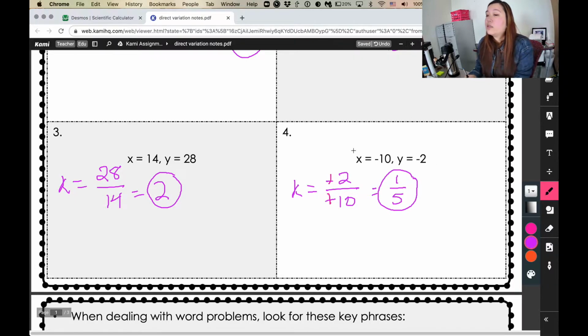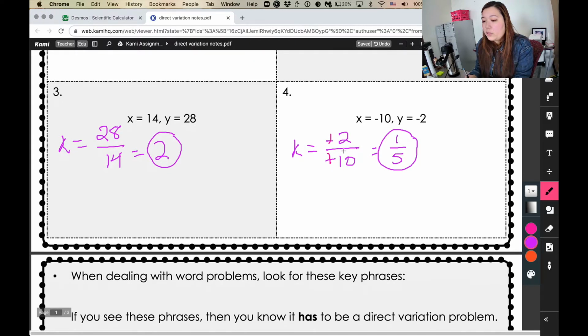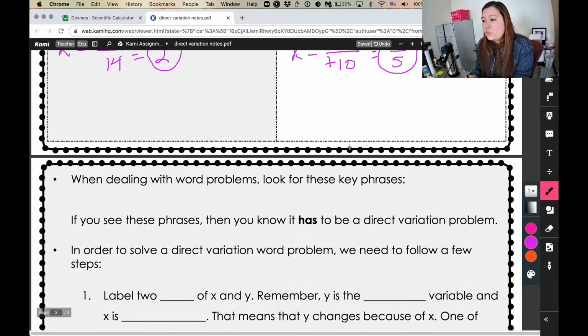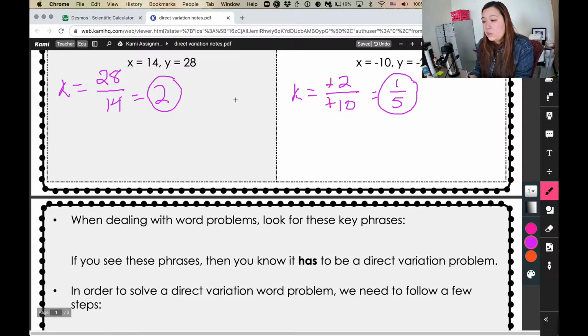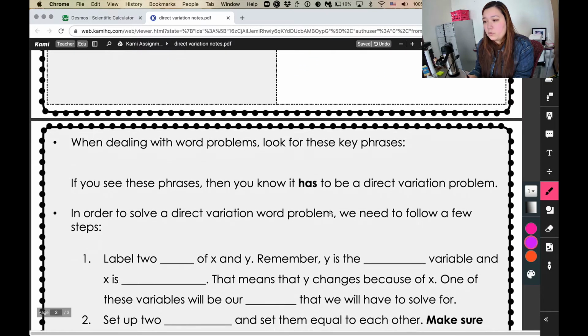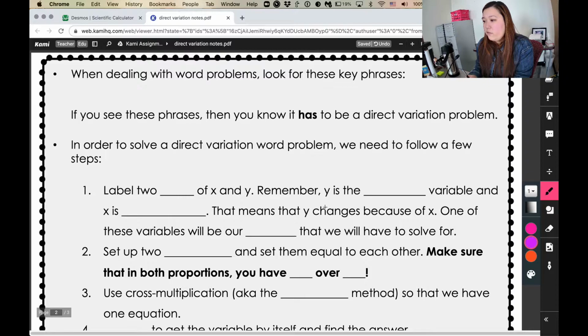All right, so like I said earlier, in 8th grade, our focus is on the word problems. So using a lot of those same concepts, we are now going to apply it to word problems. There's two key phrases that you want to look for with these that are your red flag, like, oh, this is a direct variation problem, so I need to do y/x.